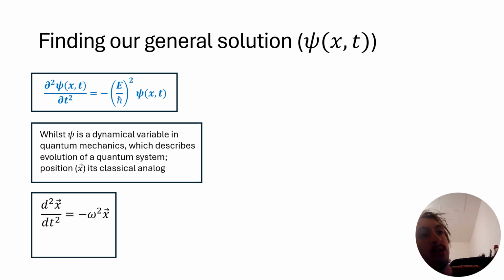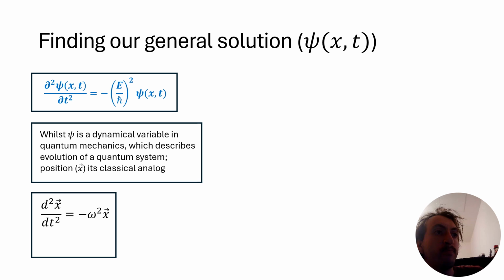Well, bearing in mind that position is the classical dynamical variable and the wave function is the quantum dynamical variable, we can get an analogy to our blue equation by just replacing the wave function with x, or a vector x. And this produces this equation, where omega is a constant.